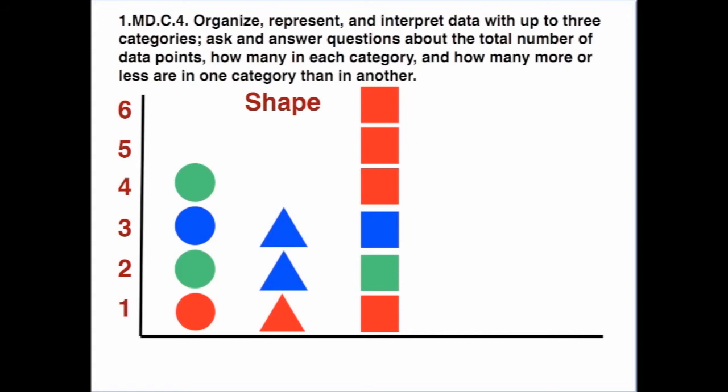Now fill in the rest where we actually have a really good representation of a bar graph. And now we can ask and answer questions about the total number of data points and so forth. For example, how many triangles do we have? Or how many more squares do we have than circles?